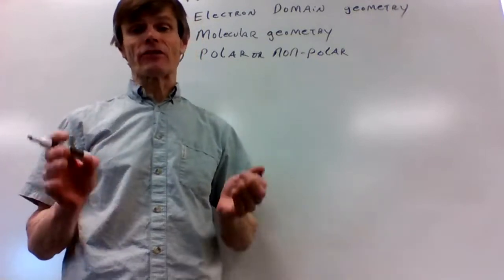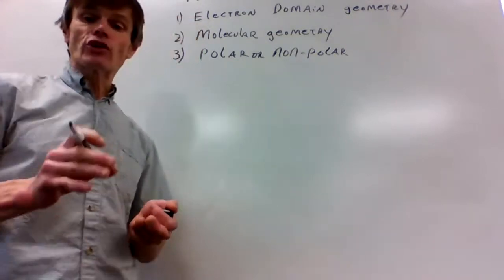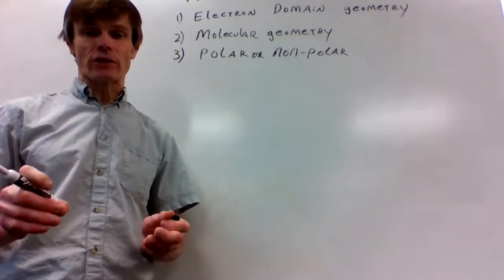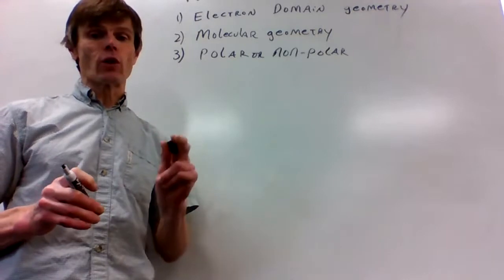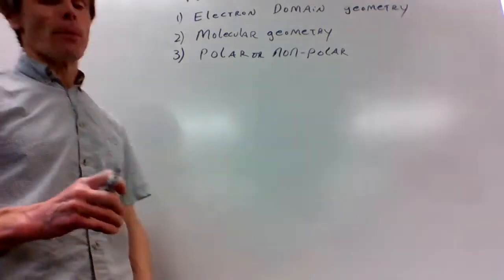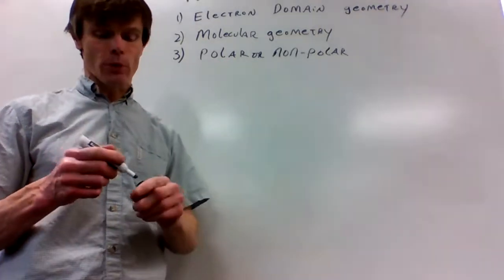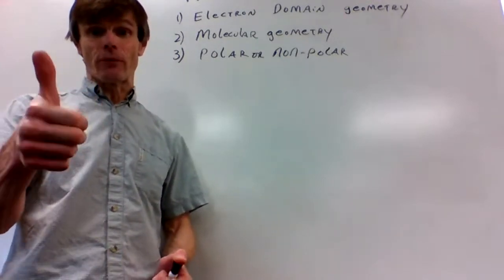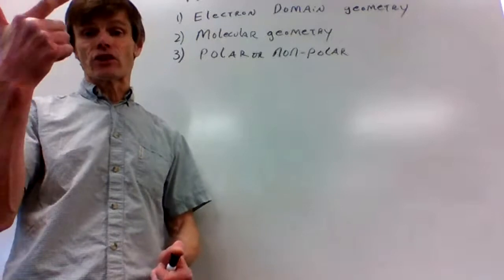Dipole moment is a vector quantity, and we're going to show that vectors have both magnitude and direction. So 2 features that we look at when we determine if a molecule is polar or nonpolar are electronegativity differences between atoms involved and the geometry.